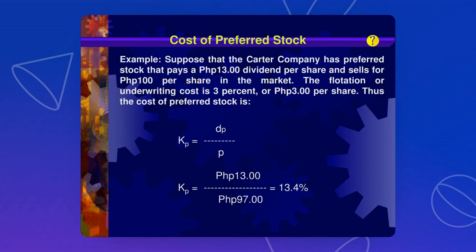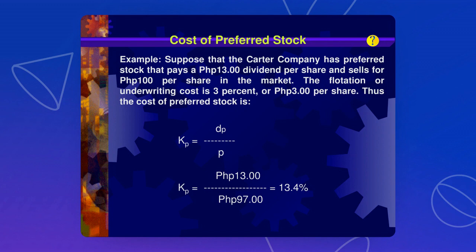The flotation or underpricing cost, please take note, is 3 pesos or 3%. Thus, the cost of preferred stock, KP, is equal to DP, which is 13 divided by 97. 97 here is your net proceeds. This is equal to 13.4%.